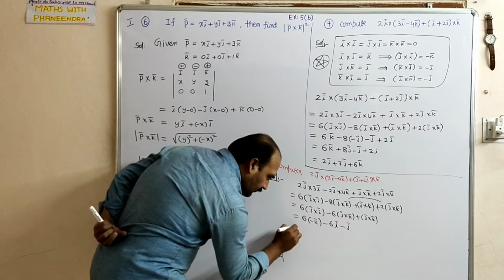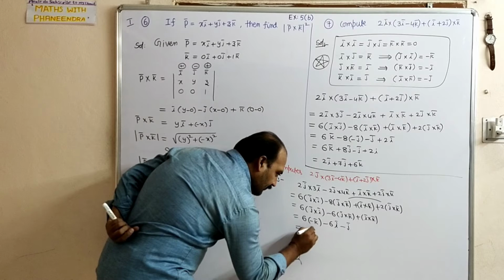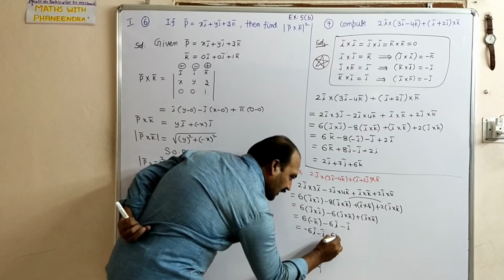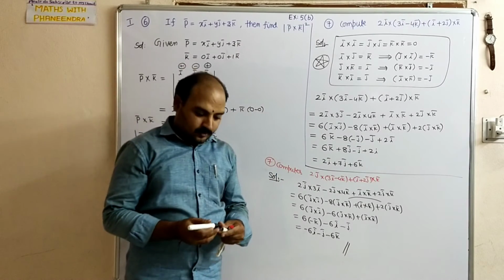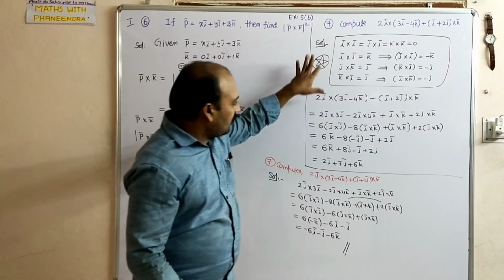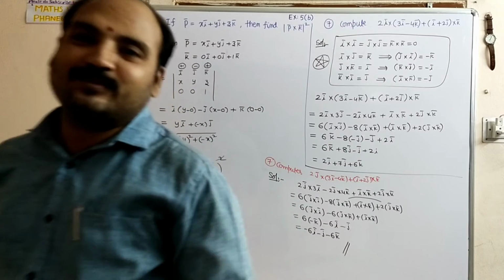So according to the order, minus 6i minus j minus 6k. This is the seventh question from the textbook. In the previous question, instead of j, I wrote i. But according to this question, this is the right answer. We'll move to the next question now.